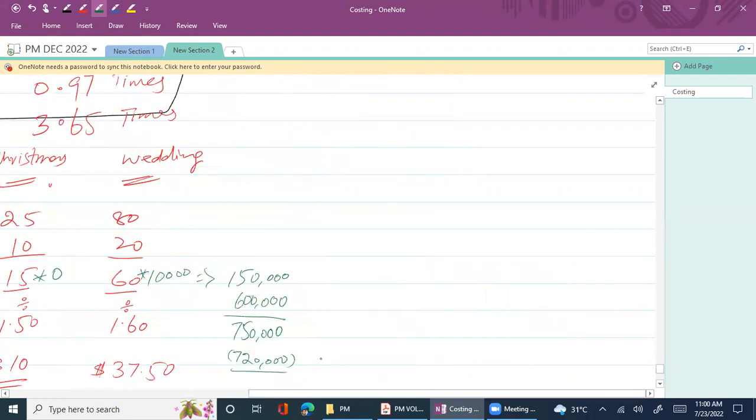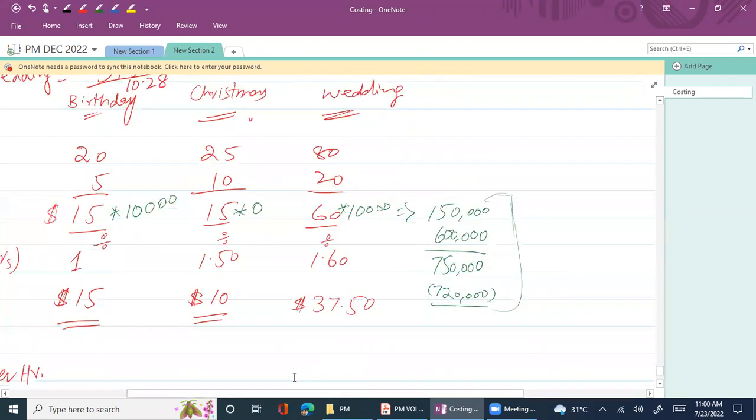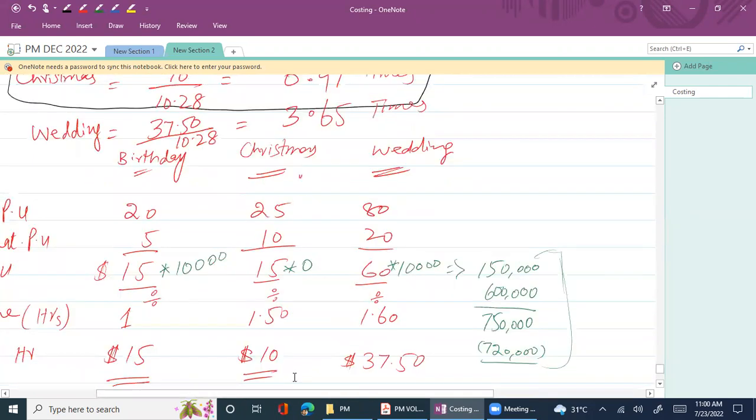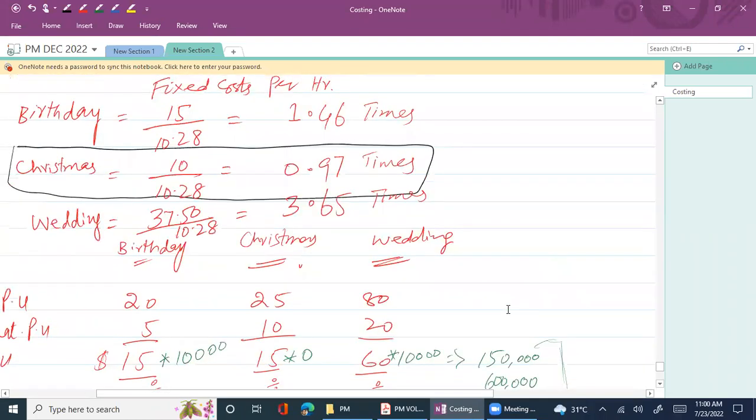Instead of getting this long calculation and confusion, I will give you another opinion, which will be a very solid opinion to continue. I will link that opinion with the other recommendation, which was based on discontinuing the Christmas cake as the throughput accounting ratio is less than 1.